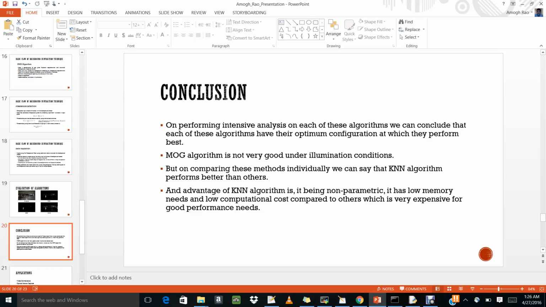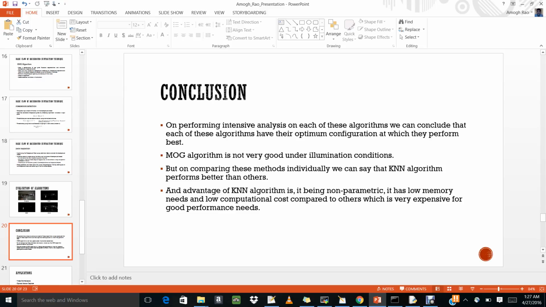Basically, on the evaluation, I conclude, on performing intensive analysis, that each of these algorithms has an optimum configuration at which it performs best, because the evaluation was done by varying the length of the history, the number of mixtures, the threshold, the distance threshold in case of KNN, and the learning rate of the algorithm.